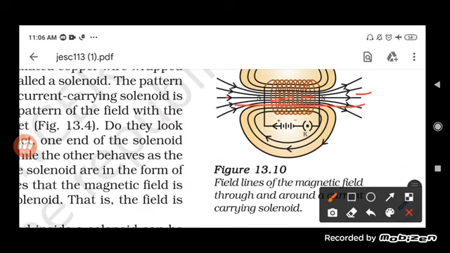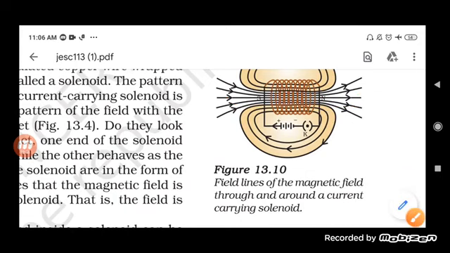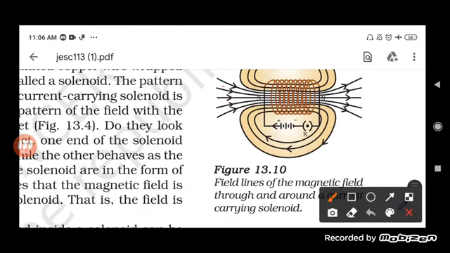Even the magnetic field lines, as you can see here students, at the middle are actually parallel to each other. These are straight magnetic field lines which are parallel and very close to each other.